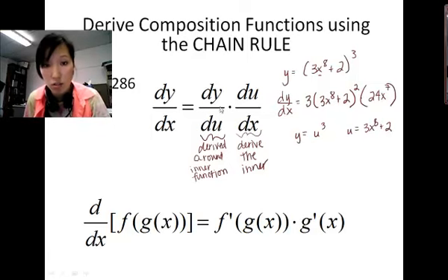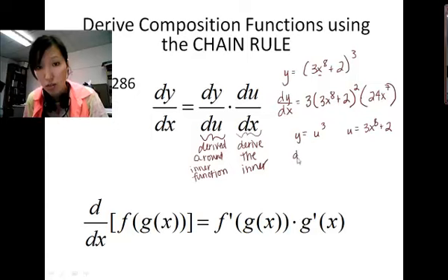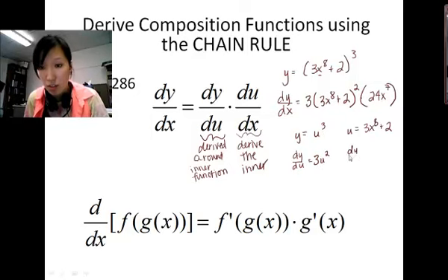So what we did first was we derived around the u, so dy du would have just simply been saying, okay, let's take this and use the power rule on it, 3u to the second. Alright, but then if we wanted to derive u with respect to x, this is where we would have said, alright, the derivative of 3x to the 8th plus the derivative of 2, and we would have gotten, pull out that 3, so equals 3 times the derivative of x to the 8th plus the derivative of 2.